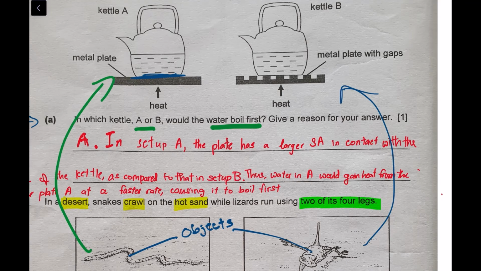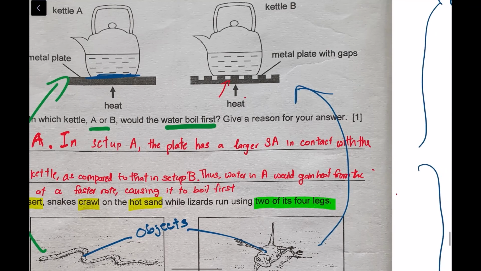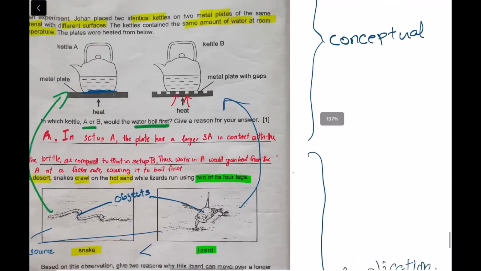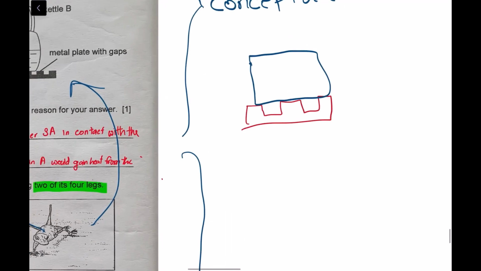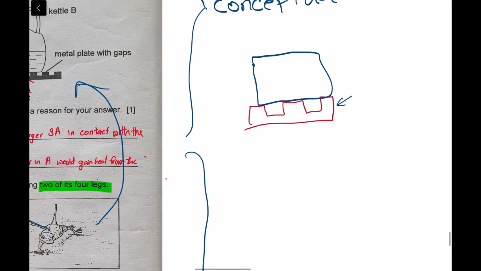And then for the second reason, now if you see in the first setup, in part A, these gaps contain pockets of air, and you know that air is a poor conductor of heat, right? If you have, let's say, a hot plate over here, and then you have various grooves inside it, like this, and then you have some container on top of it, and the base is hot.